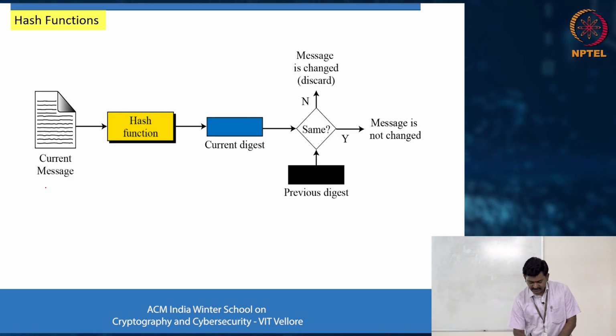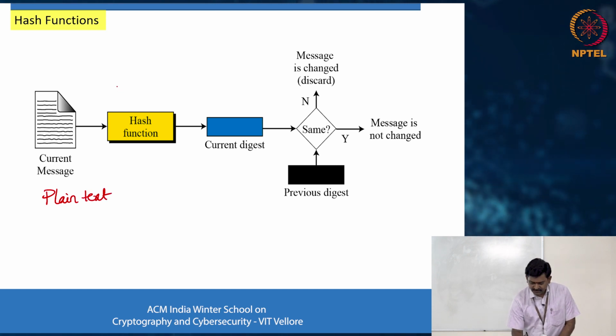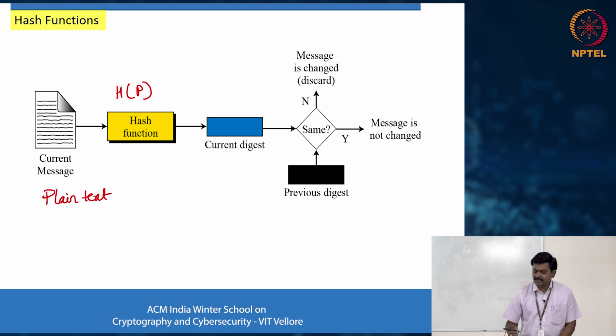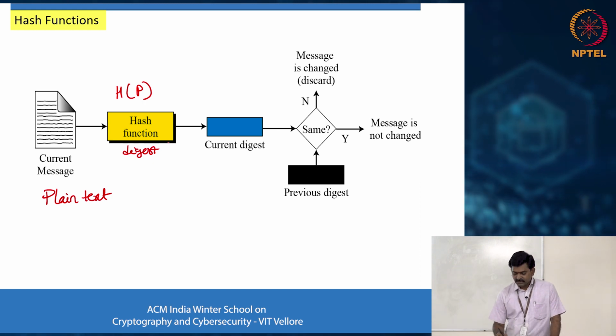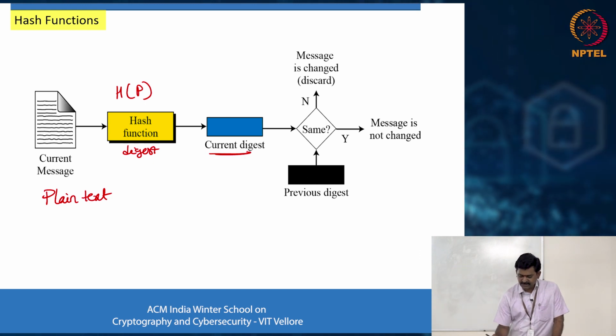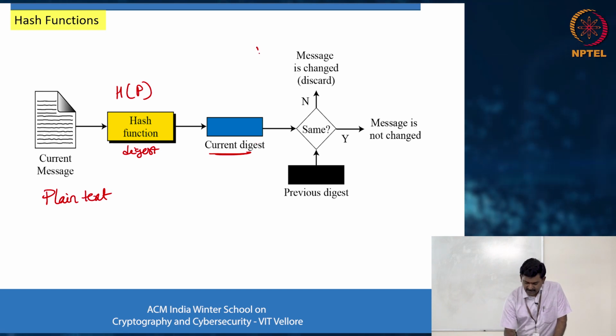Take the message, the plain text, and apply the hash function H over the plain text. What you get is the message digest. Take this message digest and send it to the receiver. All this happens at the sender side.